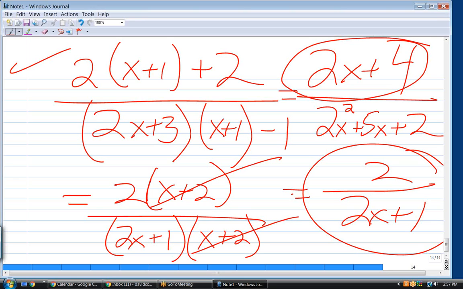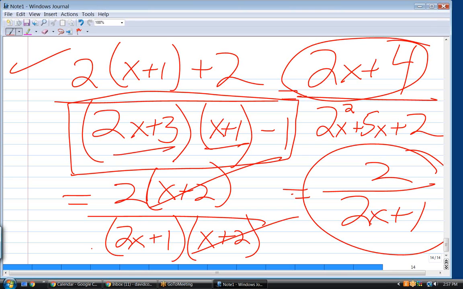Yeah. I guess when you see something like this, you know that you really can't do much with that until you multiply that times that and combine it with that number, and then hopefully you have a quadratic that factors. In other words, they're not going to give you a problem like this unless that's true.